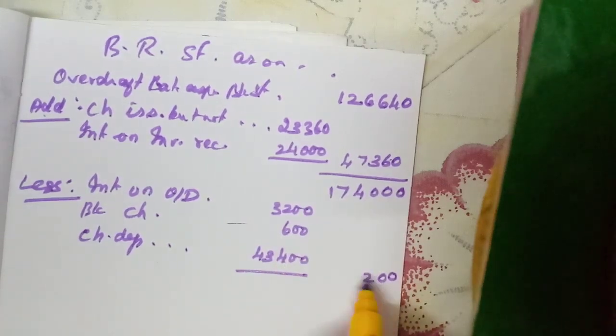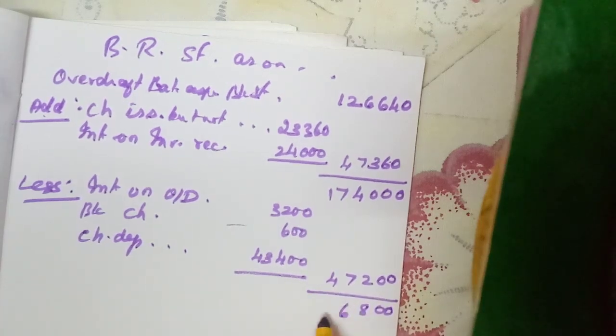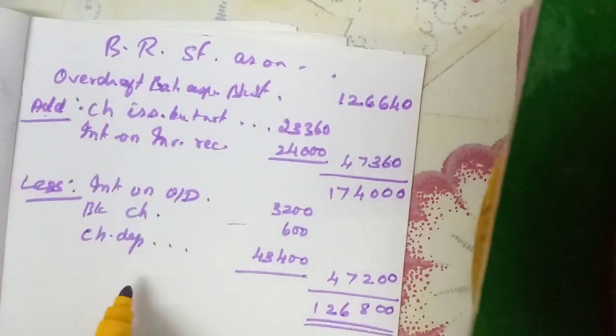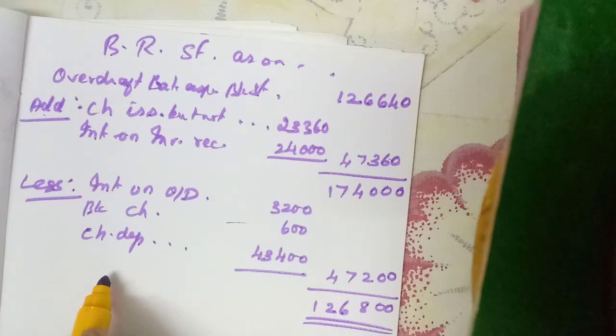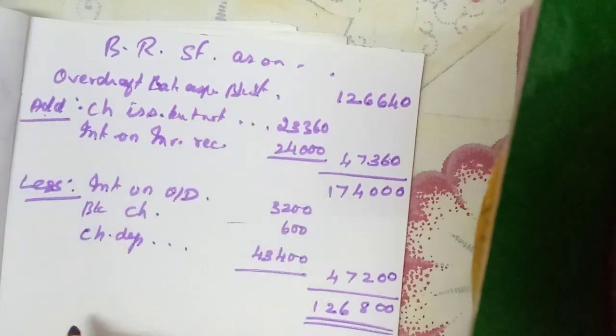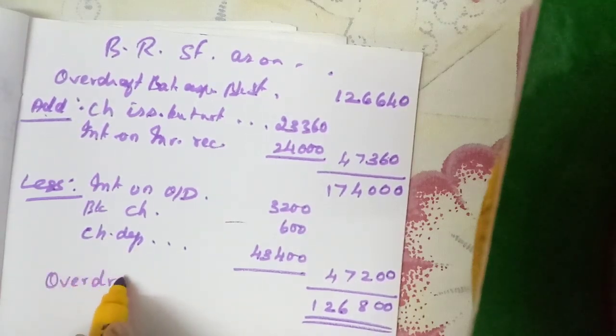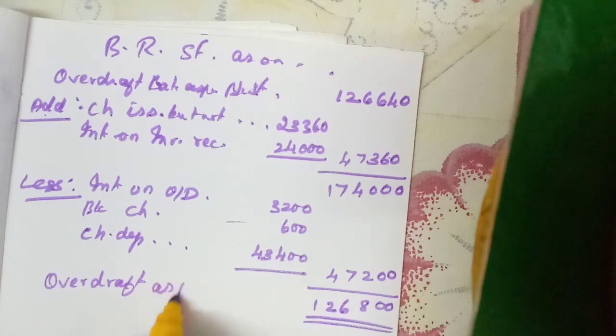Balance 1,26,800 after deduction. This one is overdraft balance as per bank statement. So here overdraft as per cash book.